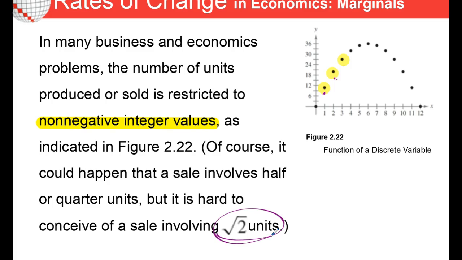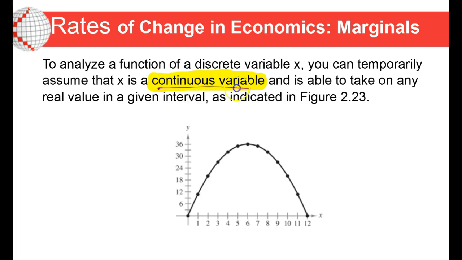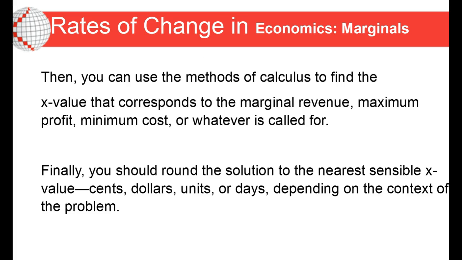So I'm just going to pretend to connect this together for the purpose of a continuous function, and remember, the points in between may not make sense, but in order to write a function, we'll connect the dots. Once you have a function, we can go ahead and find the slope at any given point. Marginal revenue, we can find the maximum and the minimum costs.